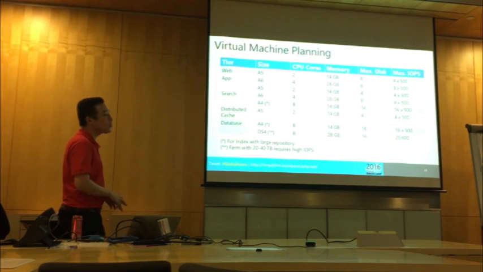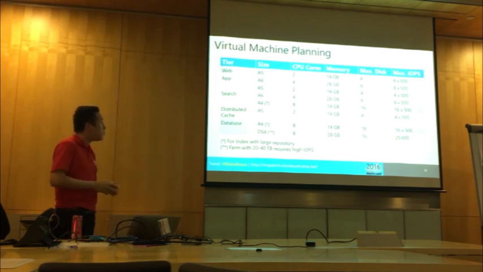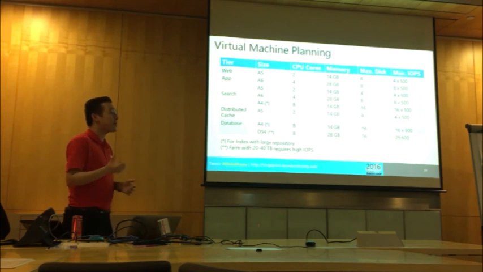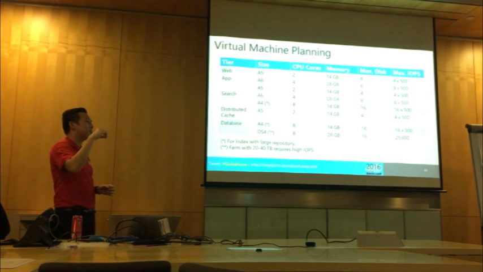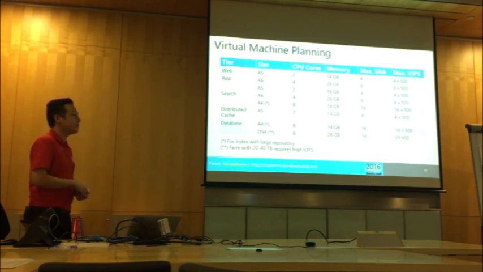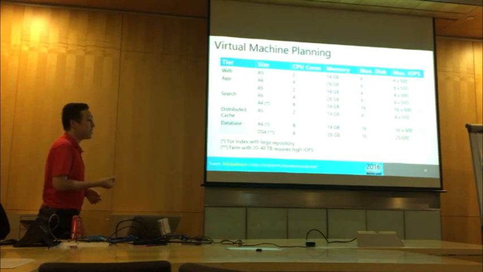Okay. So for VM planning, first go to the website and check the VM specification: the maximum number of disks, the number of cores, and the storage type, native storage or SSD.